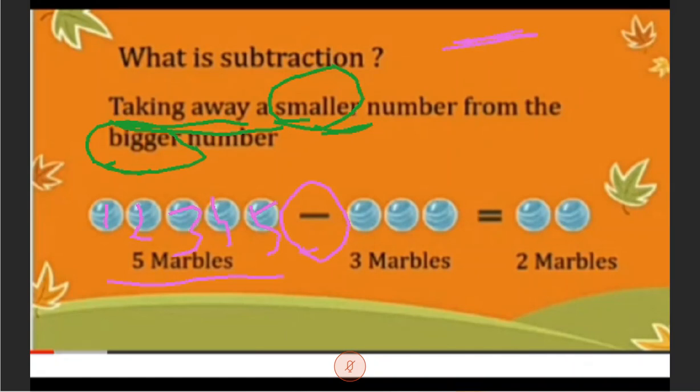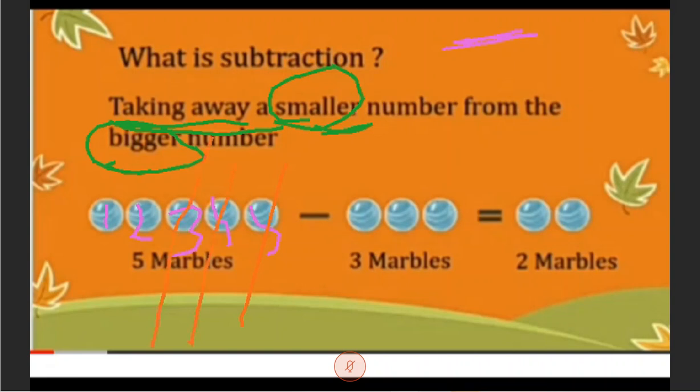So now you have to remove 3 marbles from there. So from 5, you are going to take away 3 marbles. Let's do it. Remove the 3. 1, 2, 3.